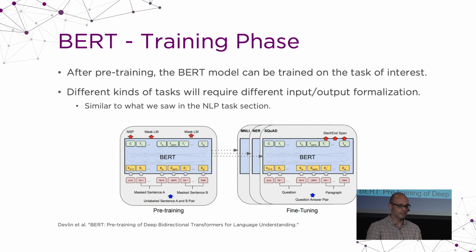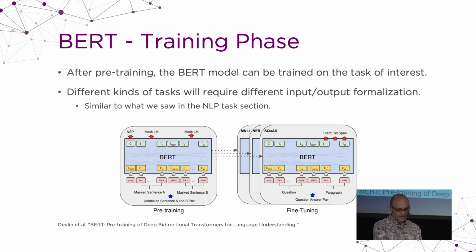We can download Bert. We can choose the task that we are interested in, and now we can fine-tune. So we can keep training this model on the data that we have for our task, even if it's not too much data. And you see the difference here. Before we need to create another model, now we can use Bert directly.